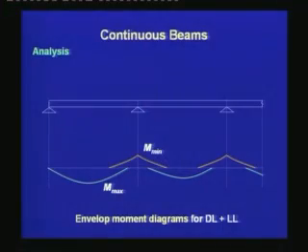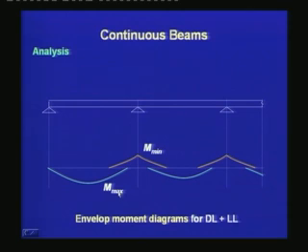In this figure, we see that for the end span, the green line gives the maximum positive moment throughout the span, and in the intermediate spans, again the green line gives the maximum positive moment. Near the supports, the orange line gives the maximum values of the negative moments.